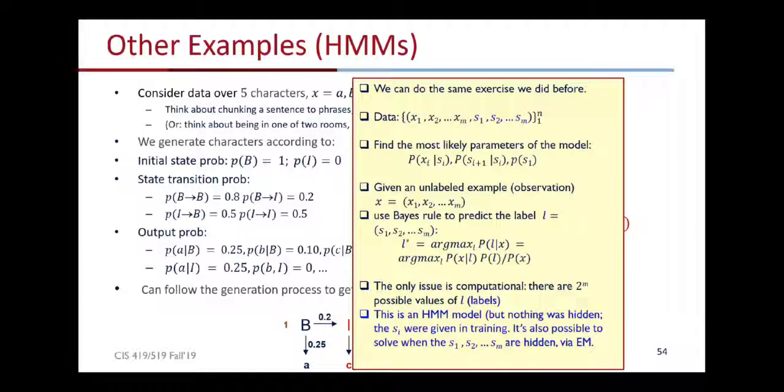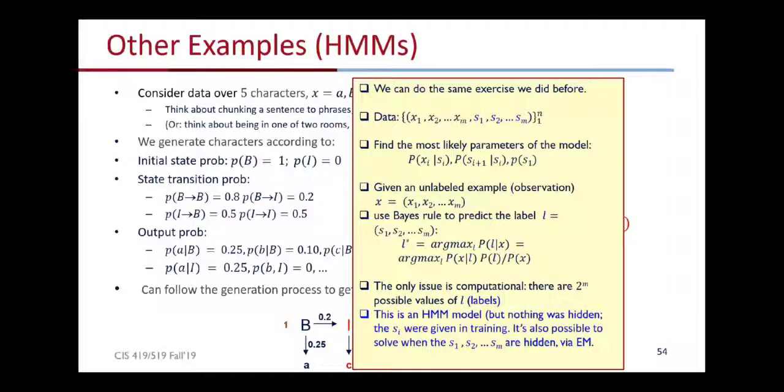Yes. So let's take the part-of-speech tagging example. You know how many different part-of-speech tags there are: noun, adjective, verb, determiner, and so on. You see a sentence, and you want to predict the part-of-speech tag, the states. That's the computational problem.